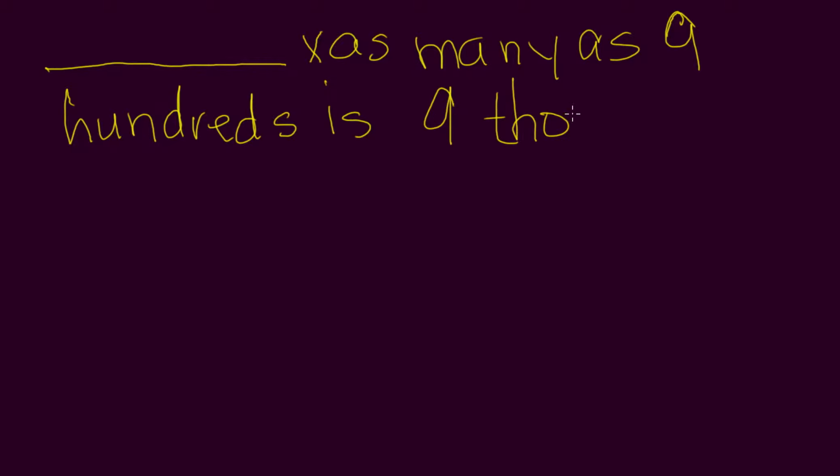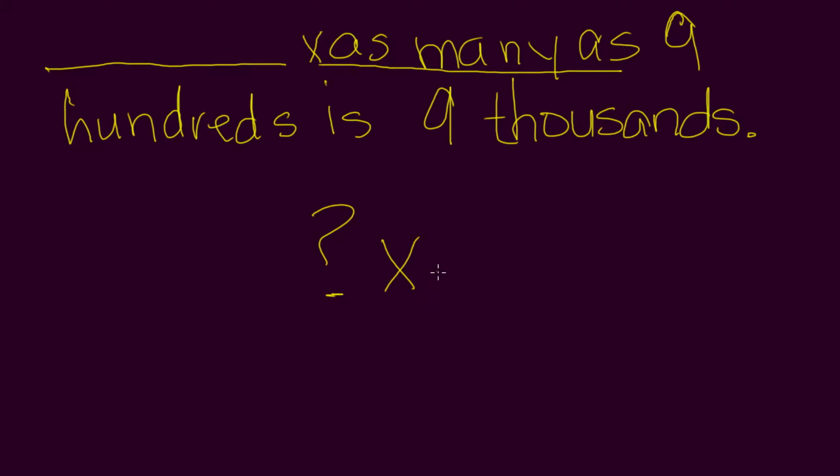So basically, when you are writing out a math equation or a math sentence for times tables, this would be times as many as, that is this symbol here. So blank times as many as 9 hundreds. 9 hundreds looks like this.